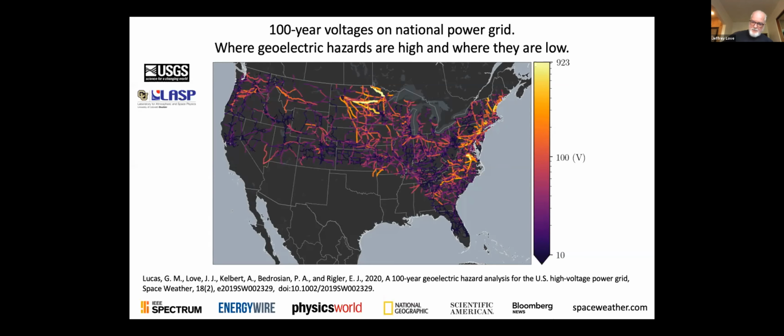And that is this map here, which we describe as a geoelectric hazard map, again showing where they're high and where they're low. Just as for the 1989 storm, if you look at decades' worth of magnetic storms and do this statistical analysis, you see that the storms tend to induce high voltages on power grid lines in the northern Midwest and in the eastern United States across the Piedmont Formation. Again, the amplitude of these voltages differs quite significantly from one location to another, by more than 2 orders of magnitude.